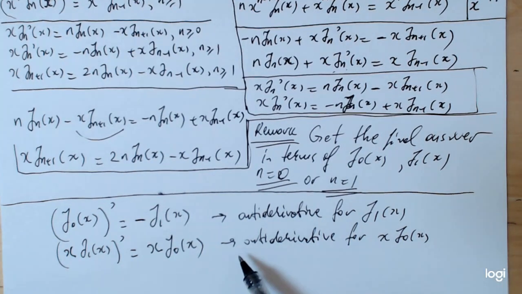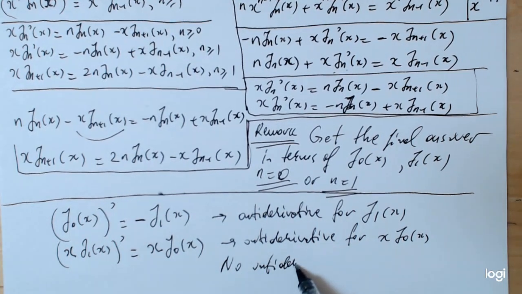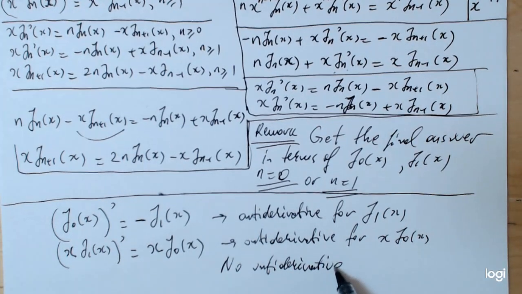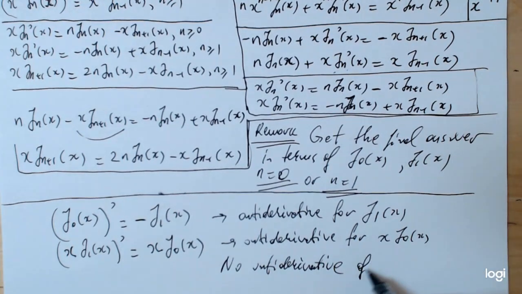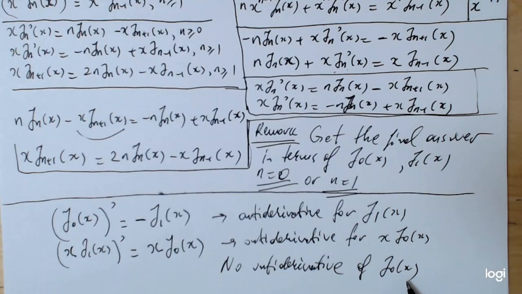And make sure you don't confuse this. Notice that there is no closed form for an antiderivative of J naught of x. That's why you'll see later, if the answer to the problem ends up being an integral of just J naught, you leave it in that form usually because there is no closed formula for the integral of J naught.